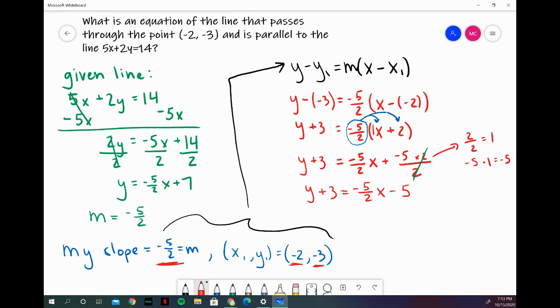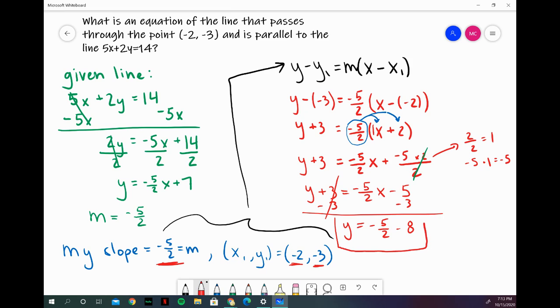The last thing I need to do is just get y by itself, and to do that, I can subtract 3 on both sides. 3 minus 3 is 0, so I have y is equal to -5 over 2 x, and then -5 minus 3 is going to get me more into the negatives, so that would put me at -8.